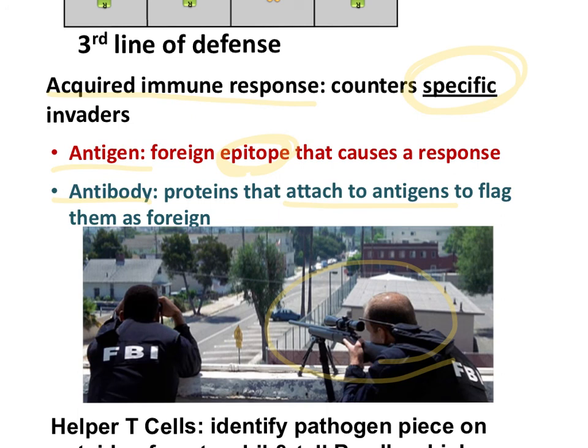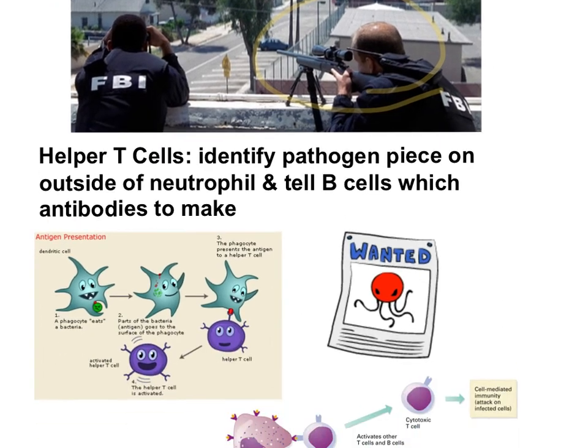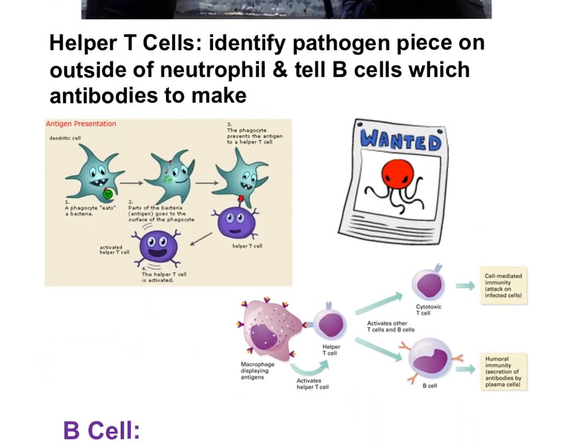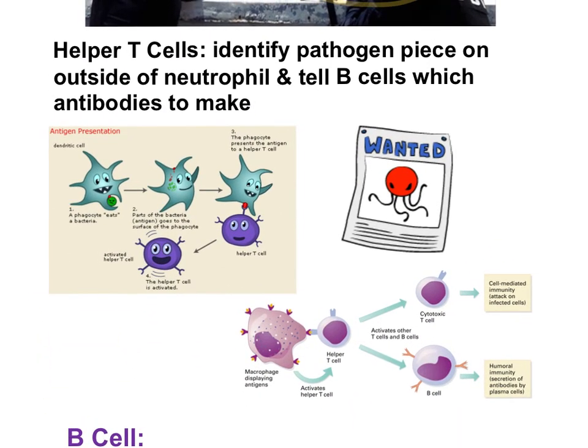So when I talk about antigens and antibodies, I am talking about targeting a specific pathogen. A little bit more vocab and then the steps of that. The specific immune response is a combination of many different cells working together to target that pathogen.